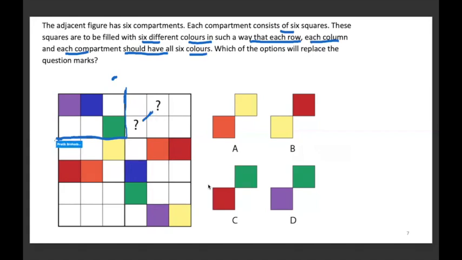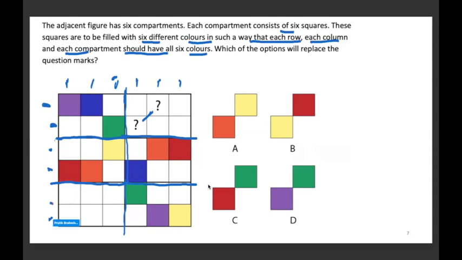You are given this compartment, and there are 6 such compartments. These are the 6 compartments, and we also have rows with 6 cells and columns with 6 cells also.